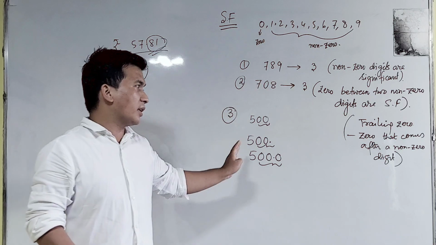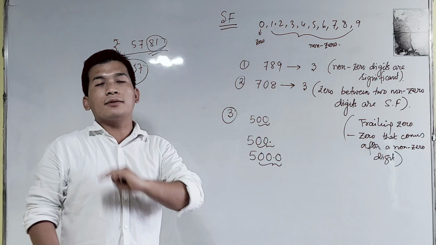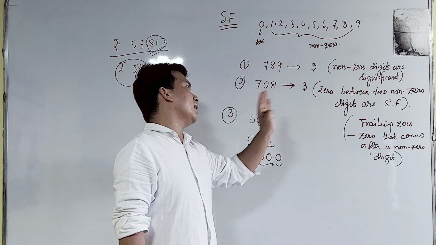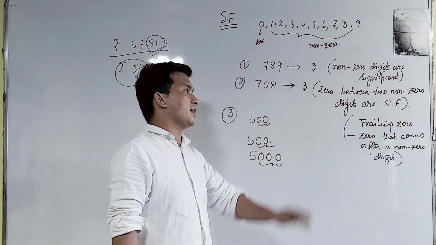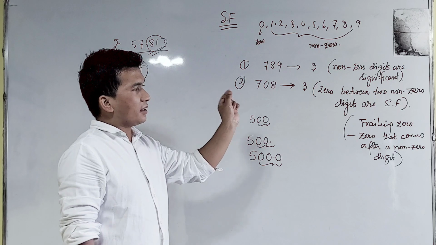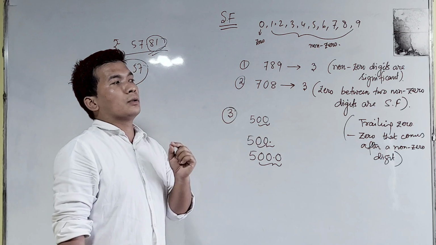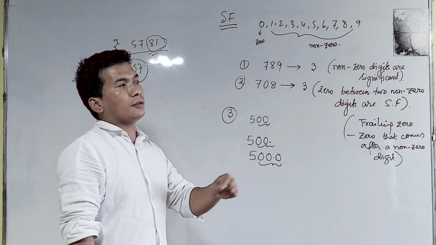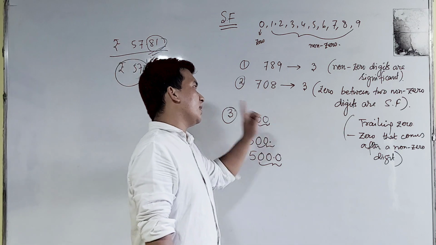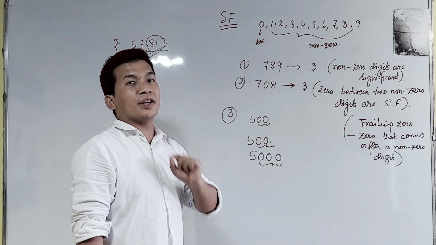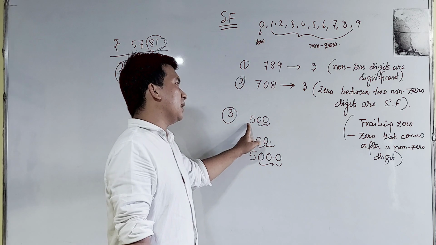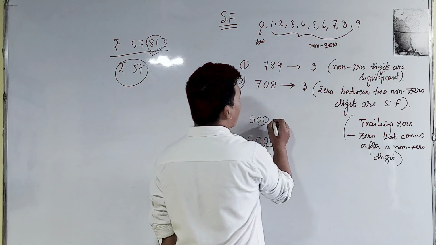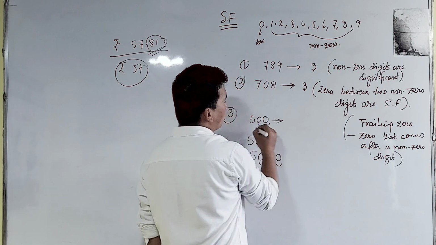The zeros that come after a non-zero digit will be known as trailing zeros. Zeros after the end of the number or after the end of the digits are known as trailing zeros. For deciding the significant figure, we have to just look at whether the trailing zeros are separated by a decimal point or not. Check: is the first example with a decimal point? No, it has no decimal point, so we are not going to consider these two zeros.